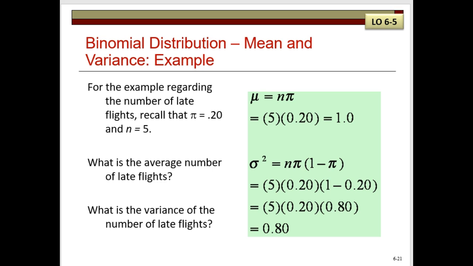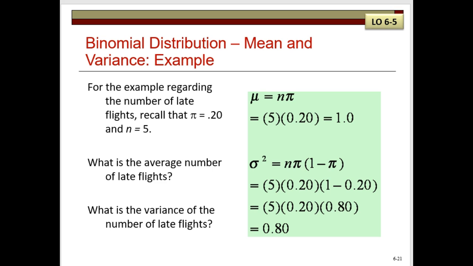So given this information, we compute the average number of late flights by multiplying the probability of a late flight, which is 0.2, by the sample size 5. The average number of late flights is 1. Given the same information, we compute the variance of the number of late flights by multiplying the sample size and the probability of success and the probability of failure.